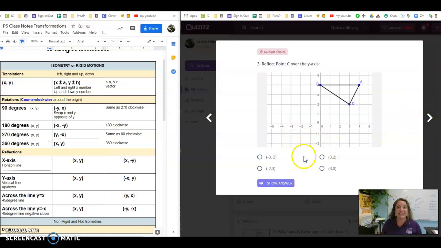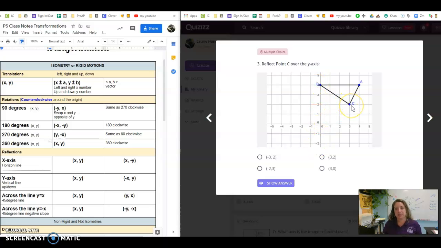Now we get to the fun stuff, right? We're going to reflect point C over the y-axis. Point C is right here, and I want it to go over the y-axis, so that's this vertical line, okay?